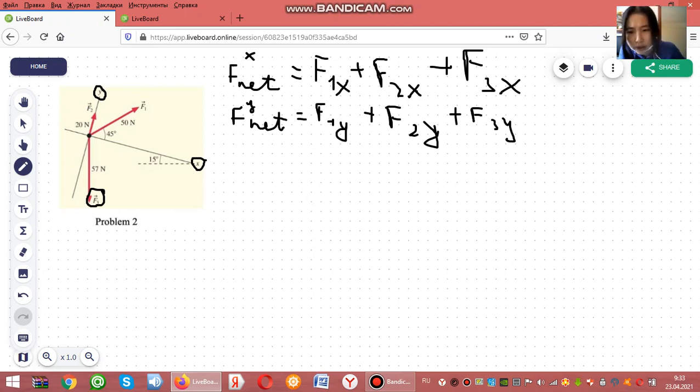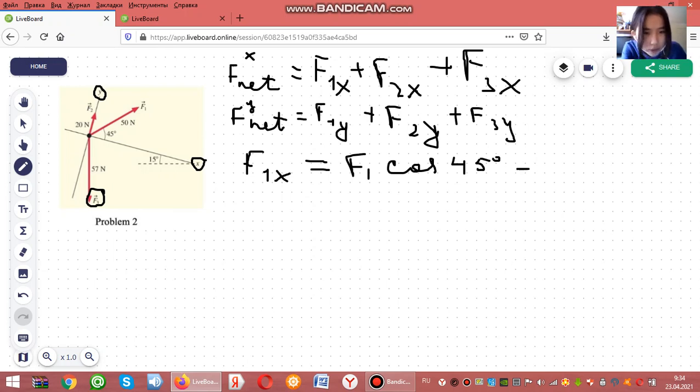Which equation can I write for first force? So F1 x equal to F1 cosinus here 45 degree.